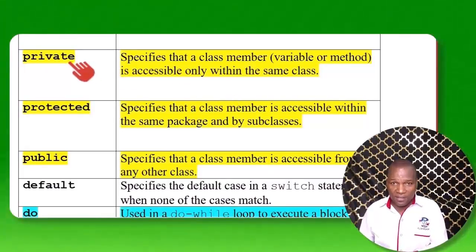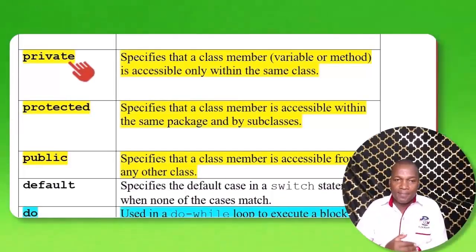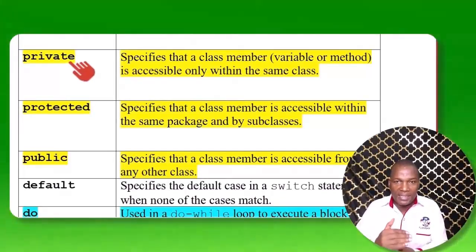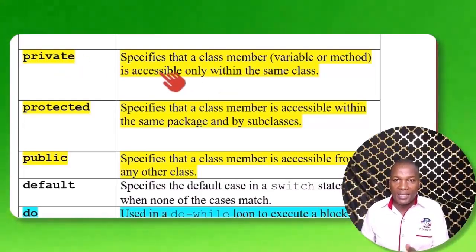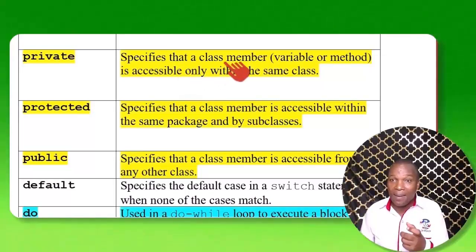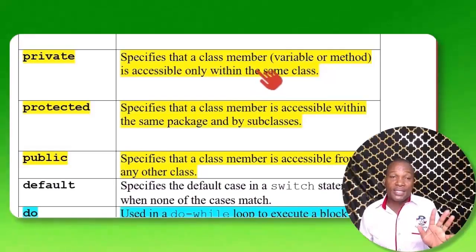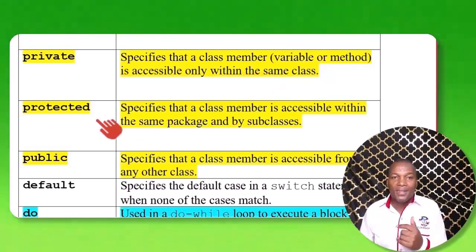We have the keyword private. These mostly we call access specifiers or access modifiers. The first keyword is private, and it specifies that a class member, variable or method is accessible only within the same class. Then we have the keyword protected.